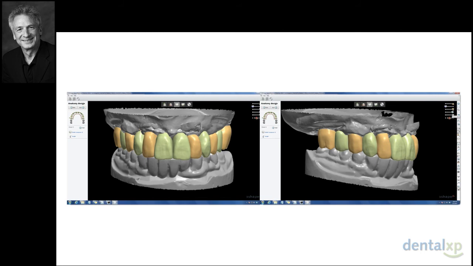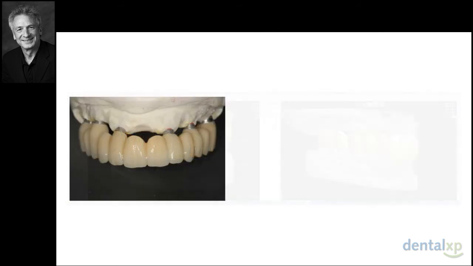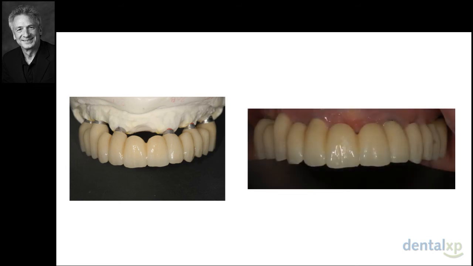We chose to do it in a conventional, analog manner, and it was digitized in the laboratory, and we expect that we're going to go back to a solid model. So we accepted the design and had a provisional made. And here the provisional is in the patient's mouth, and it required no relining, and it was a beautiful restoration.